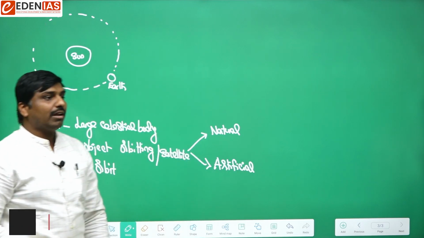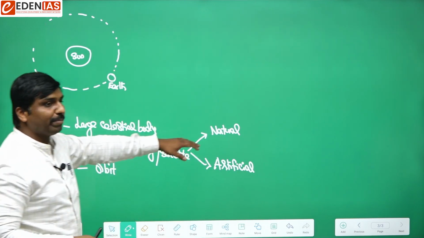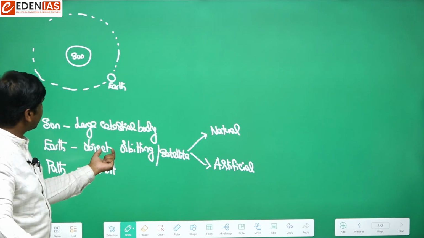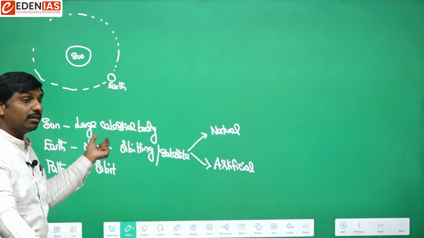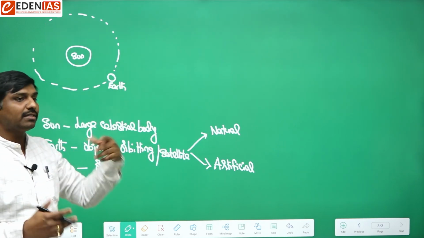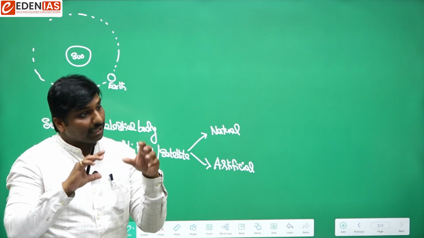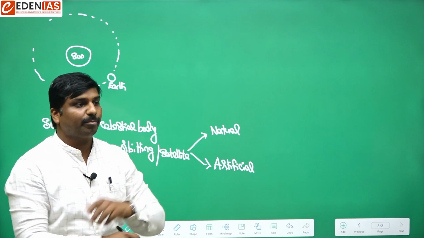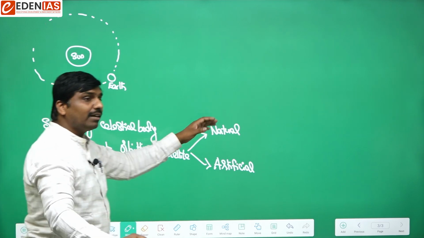They can be natural or they can be artificial. For example, the Moon is a natural satellite for Earth. Likewise, in this case, Earth is a natural satellite for the Sun. In a similar fashion, different planets have different satellites, like different moons. They are natural satellites.